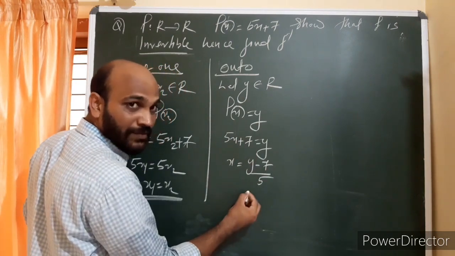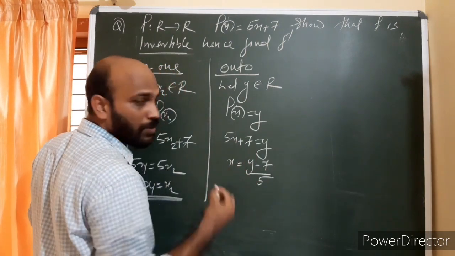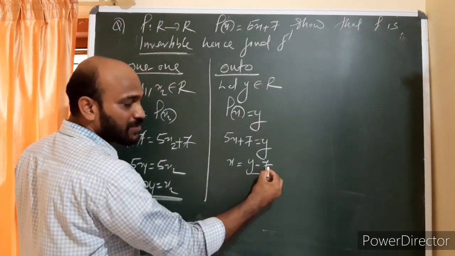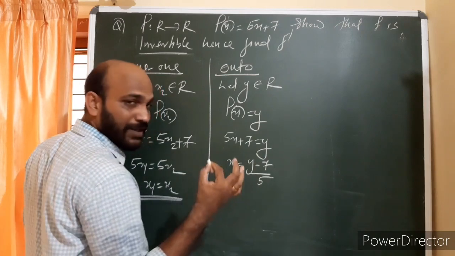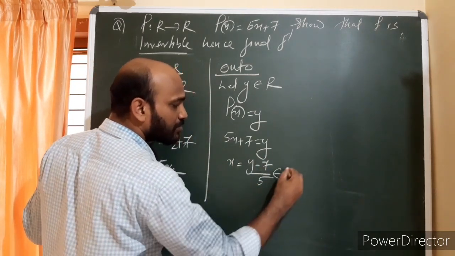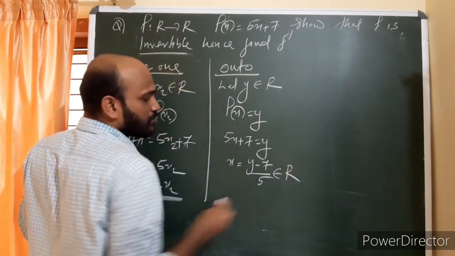Now you have to verify whether this X belongs to the domain or not. Y belongs to R means Y is a real number. A real number minus 7 is a real number, divided by 5 is another real number. So (Y minus 7) by 5 is a real number. So X belongs to the domain.